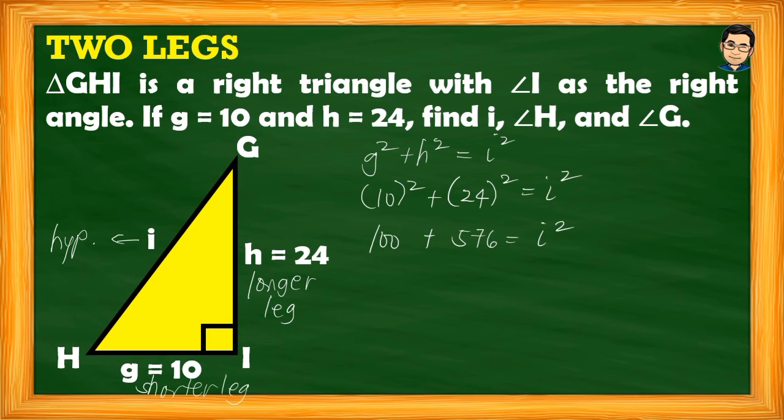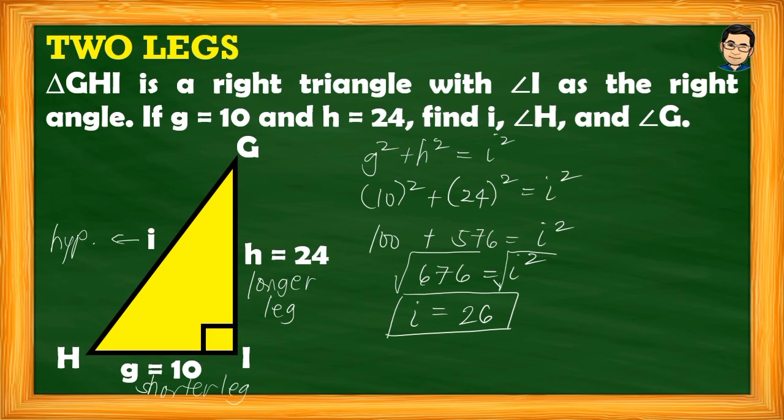So adding 100 and 576 will give us 676 equals I square. And then extracting the square root of both sides, so magiging I is equal to 26. So ibig sabihin, ang sukat ng ating hypotenuse is 26.